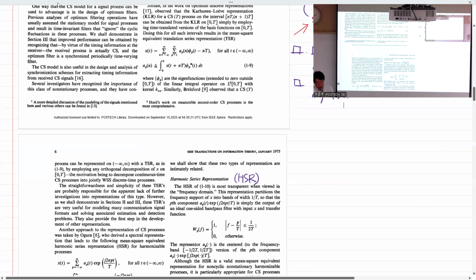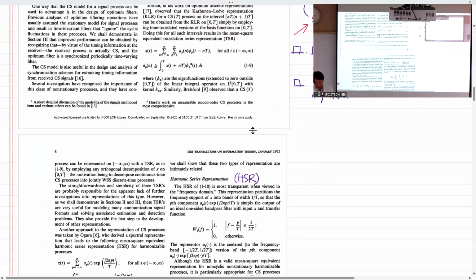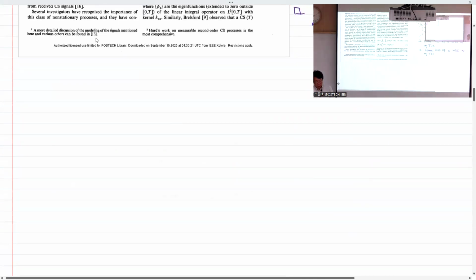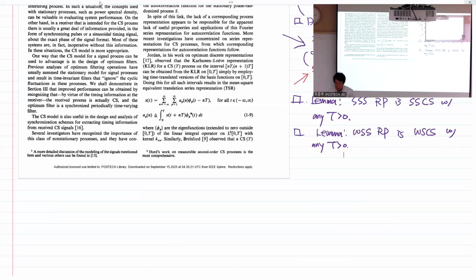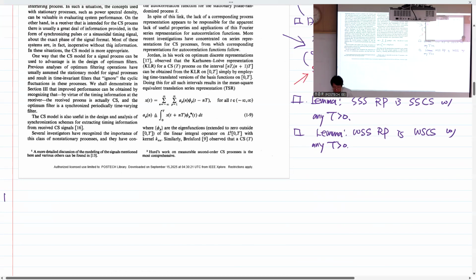Anyway, today's topic is not that one, but the harmonic series representation. So let me explain. And this is very, very confusing at first glance, but you will see the very close relation between cyclostationary random processes and jointly wide sense stationary random processes.